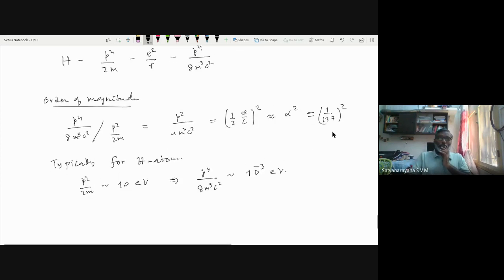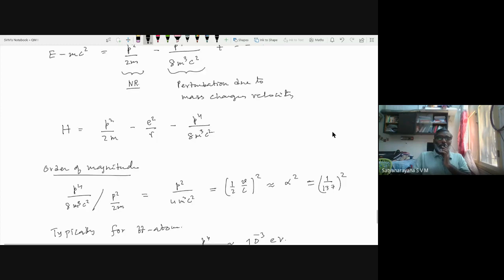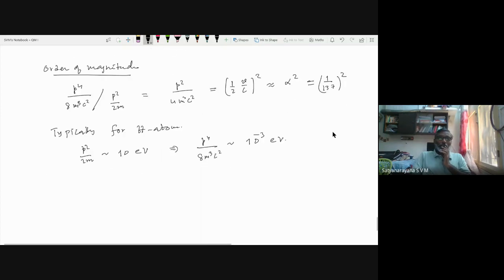So that is one perturbation. And then there is something called spin orbit coupling. Another relativistic effect is called spin orbit coupling.